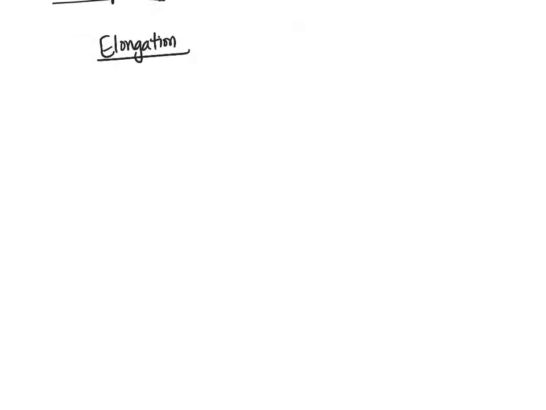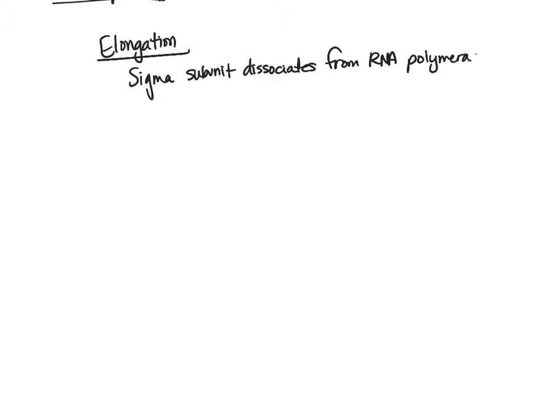So elongation is then going to start when that sigma subunit that's at the -35 position is going to dissociate from the RNA polymerase. So it's going to break off from RNA polymerase. So it's done its job, it's attached there, it's stabilized RNA polymerase.